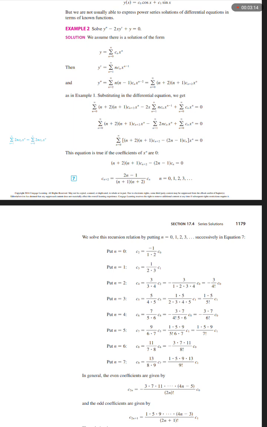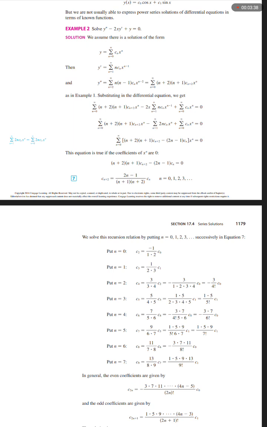This equation is true if the coefficients of x to the power n are 0. Open n plus 2 close open n plus 1 close c sub n plus 2 minus open 2n minus 1 close c sub n equals 0.